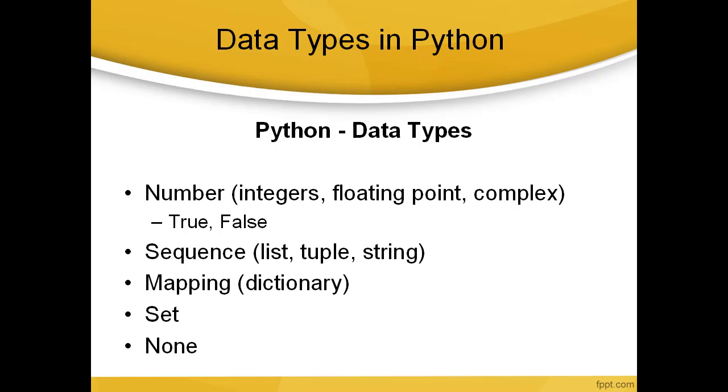In the sequence, you have list, tuple, and string. You might be wondering why string is part of the sequence. You'll come to know in a minute. Mapping can be achieved using the dictionary type. There is a set and none.